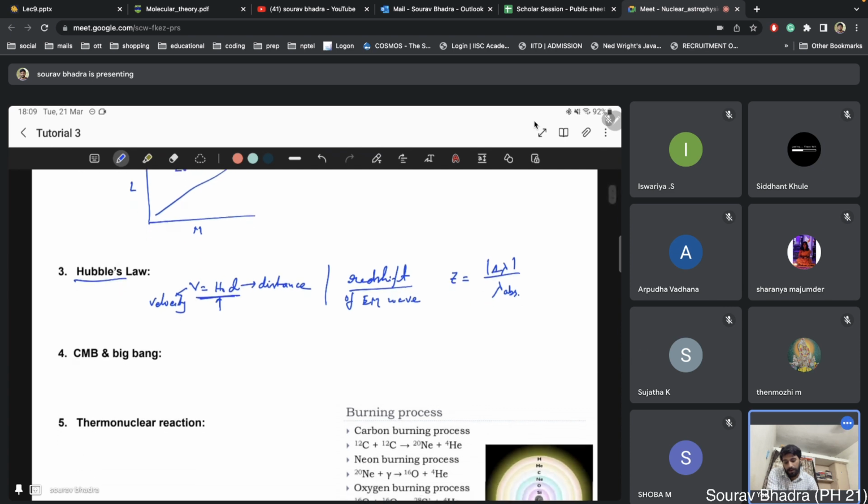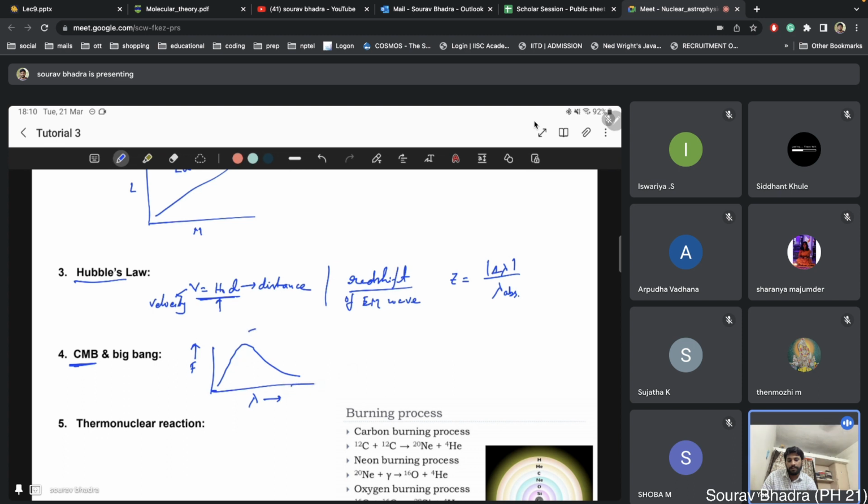Then one of the main important things is the CMB, cosmic microwave background. I have told you what the cosmic microwave background is, and how it comes from the epoch of the last scattering surface. You don't need to know the actual terms, but you have to remember that the cosmic microwave background is the first light of the universe, and it follows a black body spectrum if you measure the flux at a wavelength.